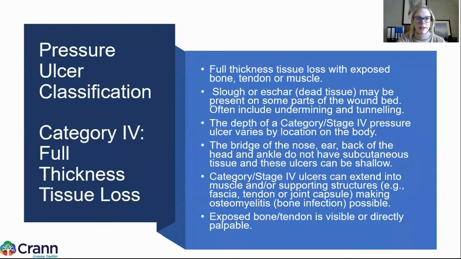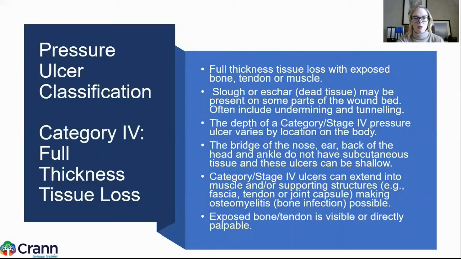The next category is category 4. This is full thickness tissue loss. So basically the bone, tendon and muscle in the underneath layers are now exposed. You can have slough or eschar. Eschar is basically just dead tissue, and that can be present in some parts of the wound bed. The depth of category 4 pressure ulcers varies depending on the location on your body.